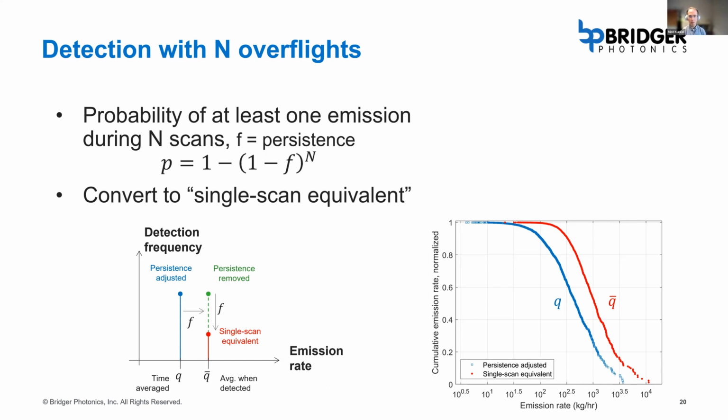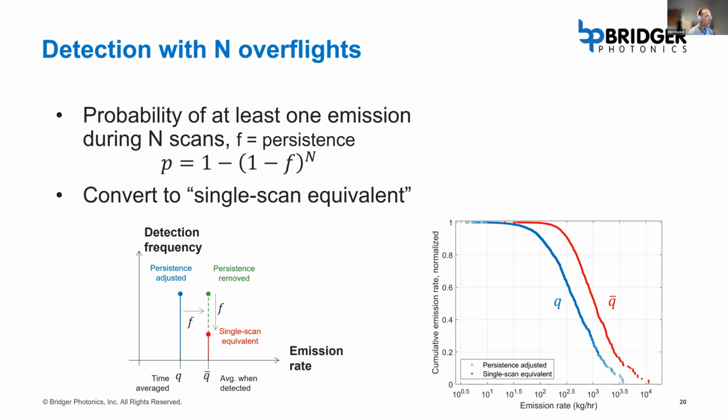Then you have a 75% chance of picking up a detection from that emitter, as compared to if you fly it once, you have just a 50% chance of picking up that emission. We see this borne out over many more flights for Carbon Mapper, which means they picked up many more emissions on a given facility than GML would have.